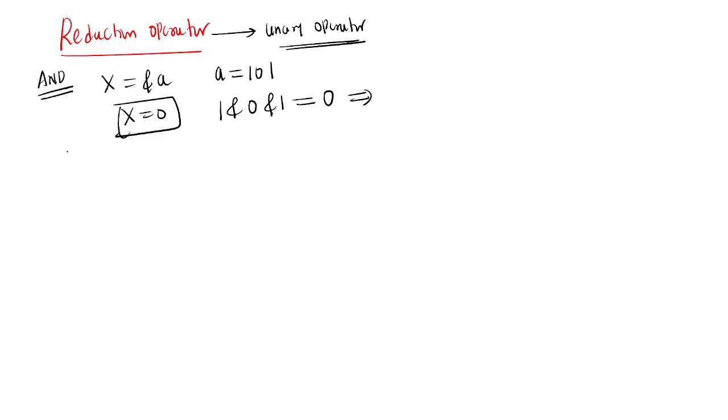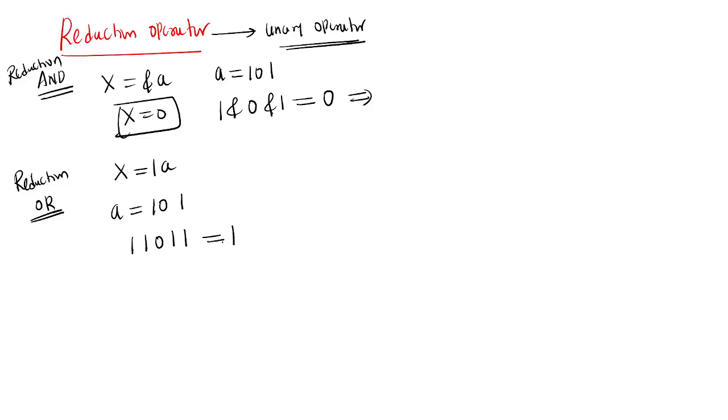And reduction OR also. Reduction OR is x equal to OR of a. This is the symbol. So a equal to 101, so 1 OR 0 OR 1, you are getting 1. x equal to 1. And reduction NAND.